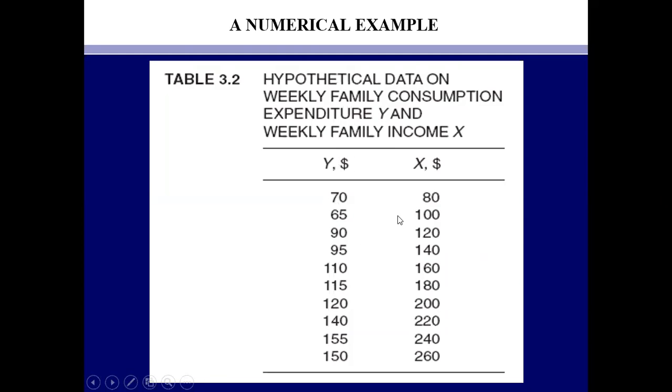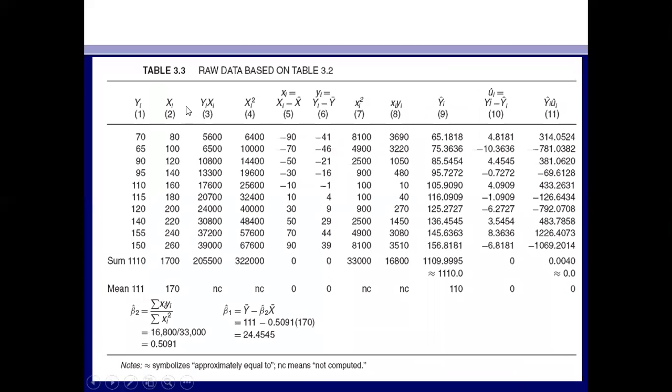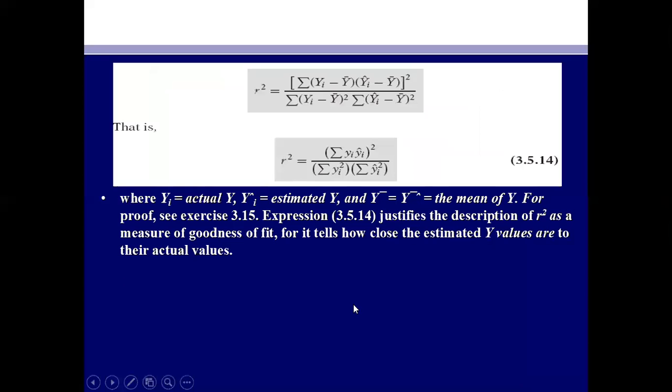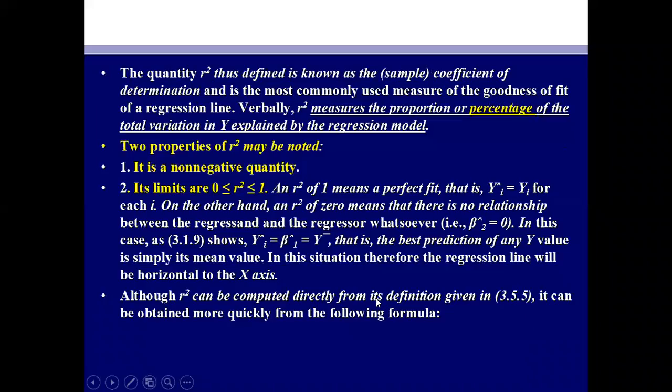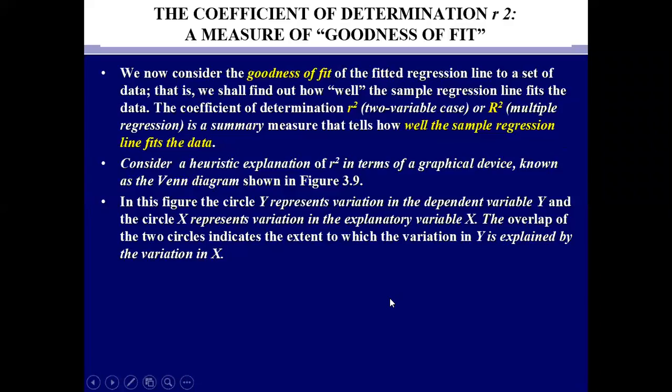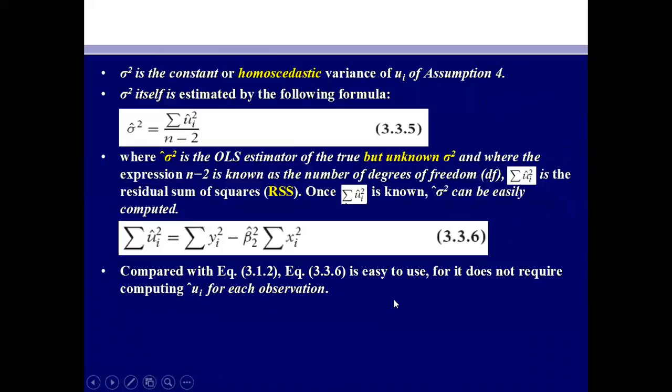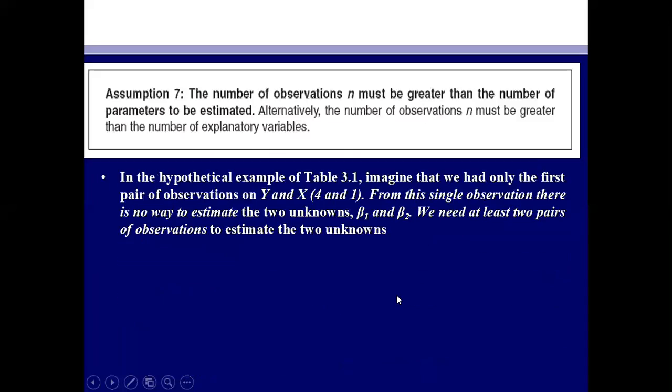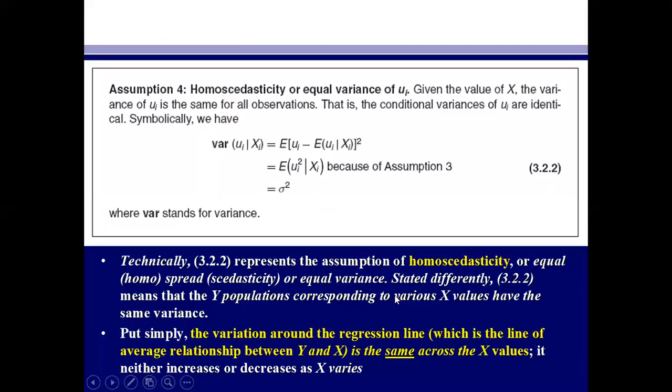So using this data, which is represented by the first and second columns in this table, what we need to do, if we recall the basic formula of beta 1 hat and beta 2 hat, let me show you where it was.